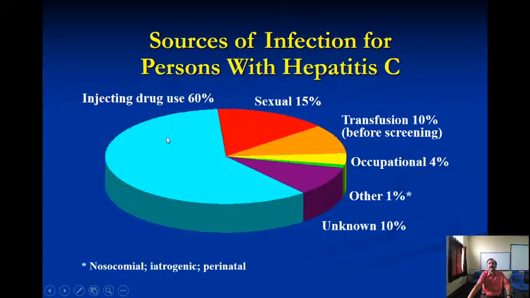Sources of infection of hepatitis C are mainly drug abusers; the sexual route is 15%. Transfusions 10%. Actually, the figure for transmission keeps on going down because today we keep on testing for hepatitis B and hepatitis C in the blood. The problem occurs in places which have non-licensed blood transfusion units.